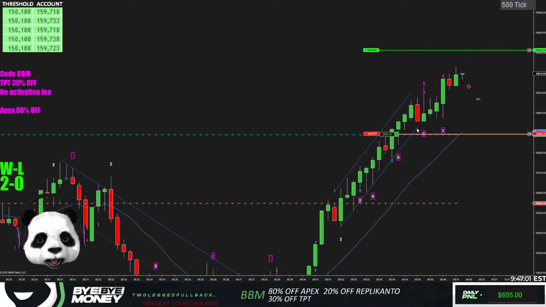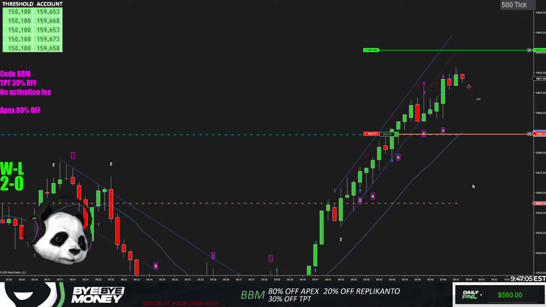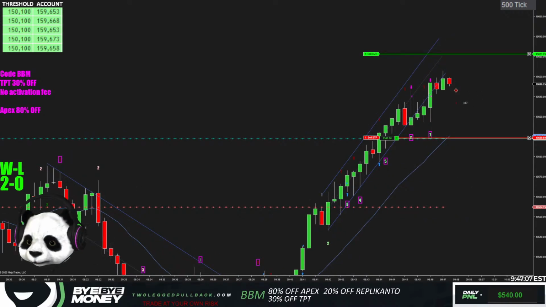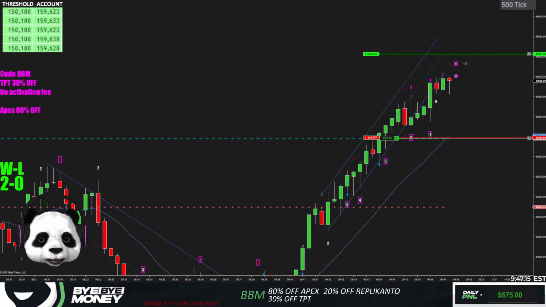Any reason to think this is going to reverse? Is there any reason we're going to think this is going to reverse here on us? I'm going to just keep moving every pivot now.